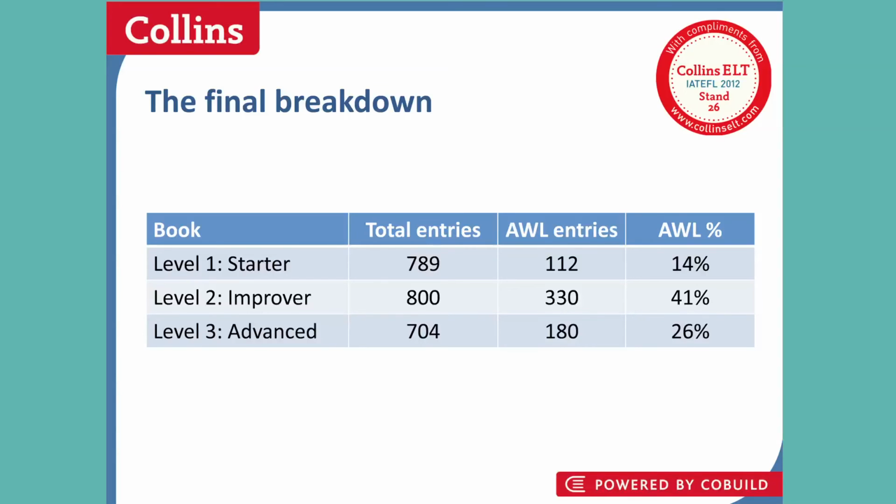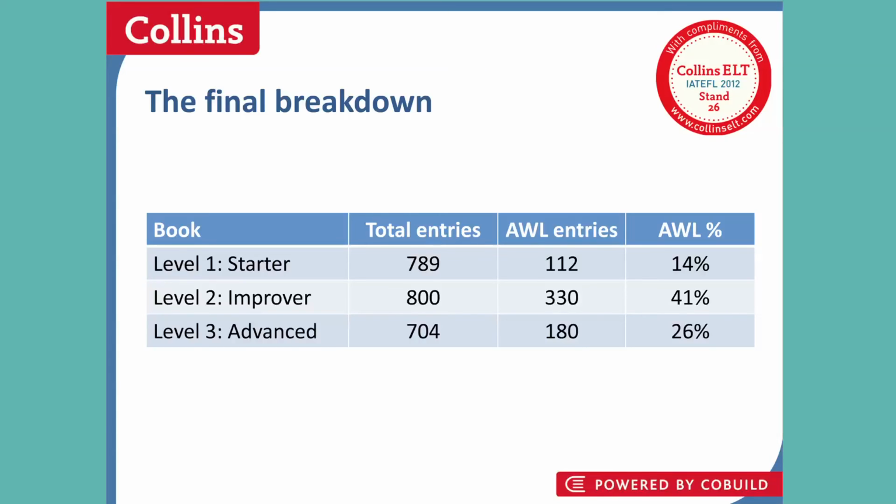And then the advanced level, we had 704 entries, of which 180 were AWL. So again, a sizable chunk, 26%, but less because we were then going into the subject vocabulary, the slightly more interesting areas, if you like, for those students who are thinking of moving past IELTS, who don't want to write essays about pollution anymore, who want to talk about real things in subjects they're interested in.